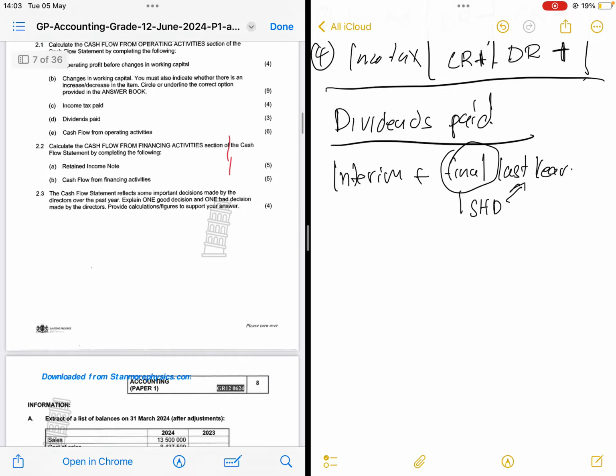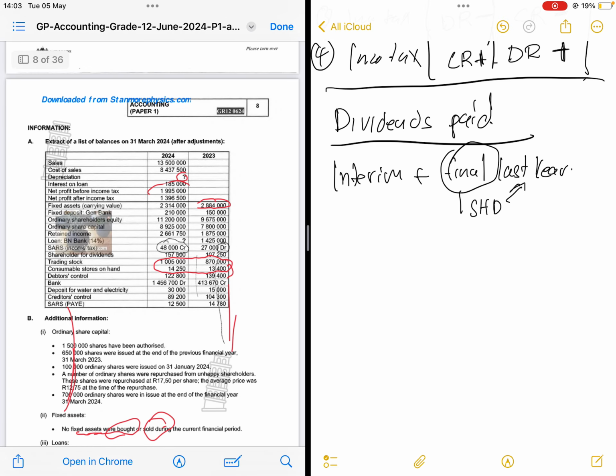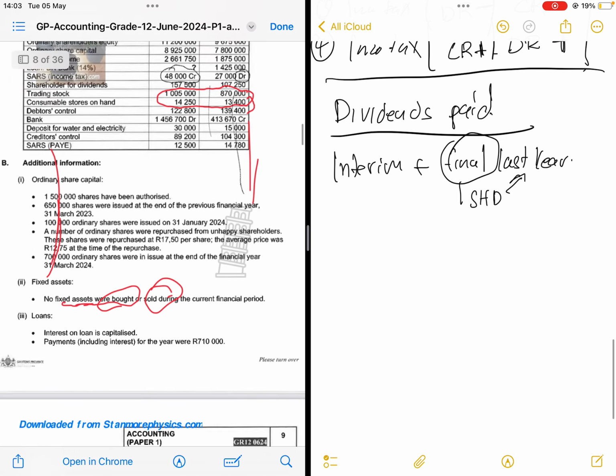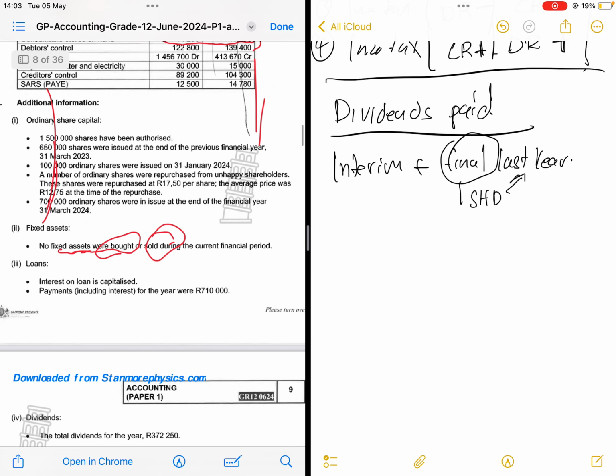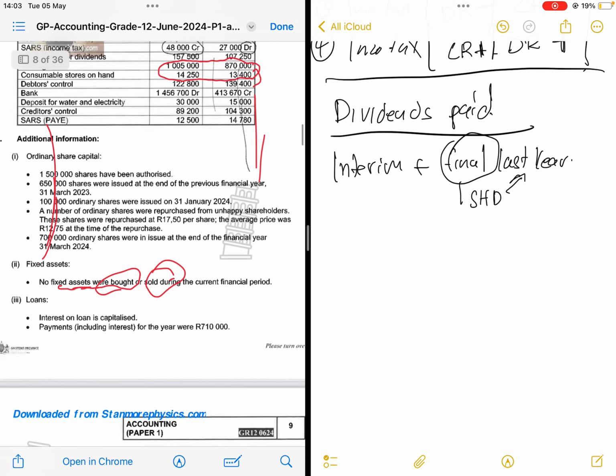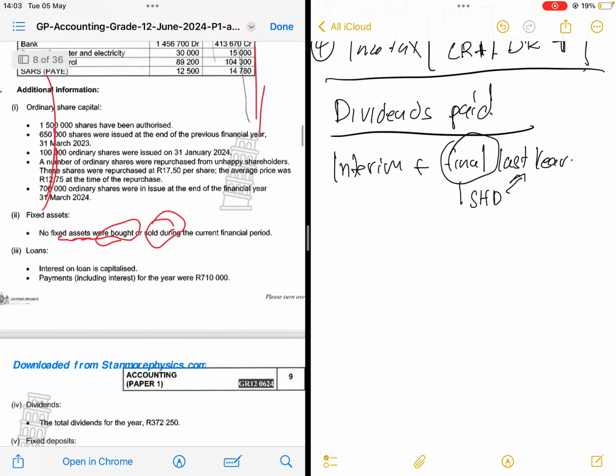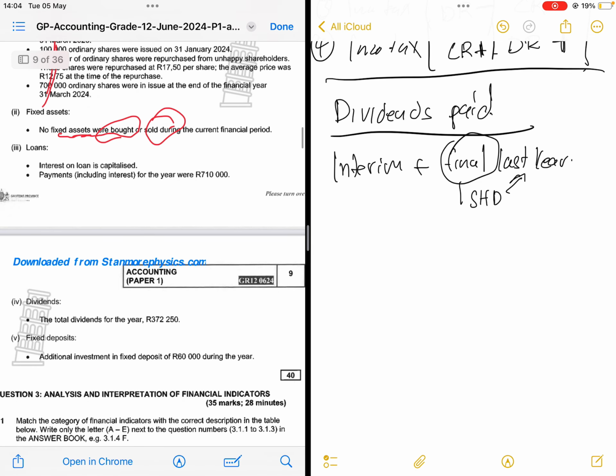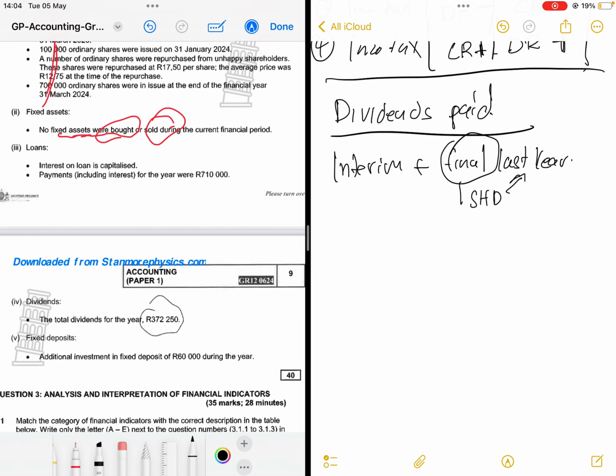So now I take the interim. Where is the interim? They say that the interim was paid somewhere. Oh, we are given the total dividends for the year. The total dividends involve the interim and the final.